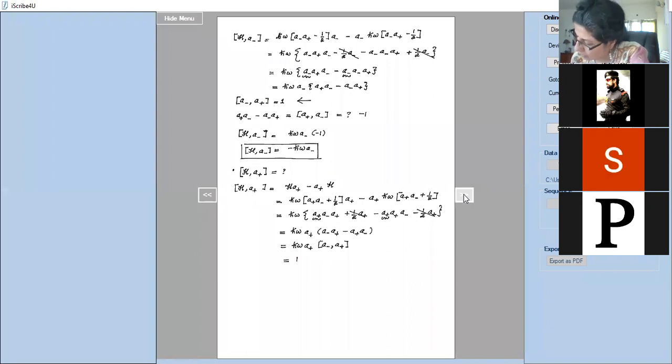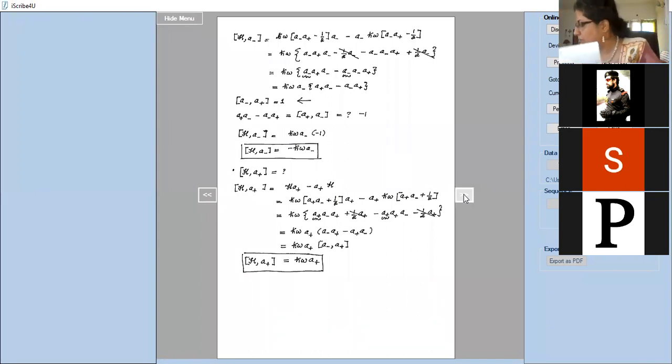So we will get H cross omega A plus. This is the commutator between H and A plus. All right. Now, let's see what is the next relation that we have.